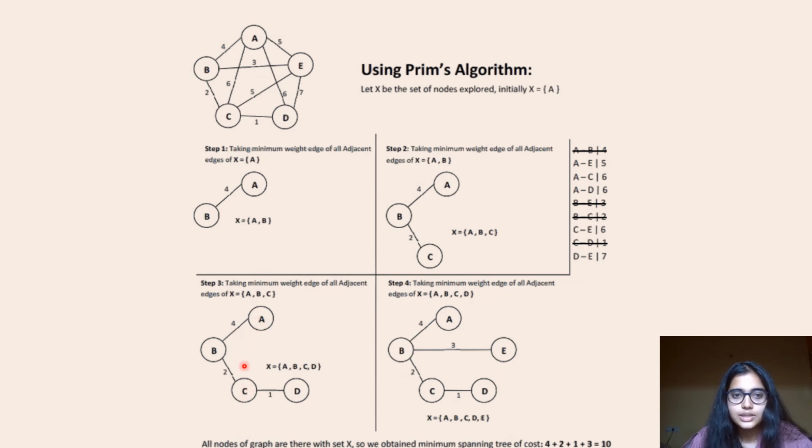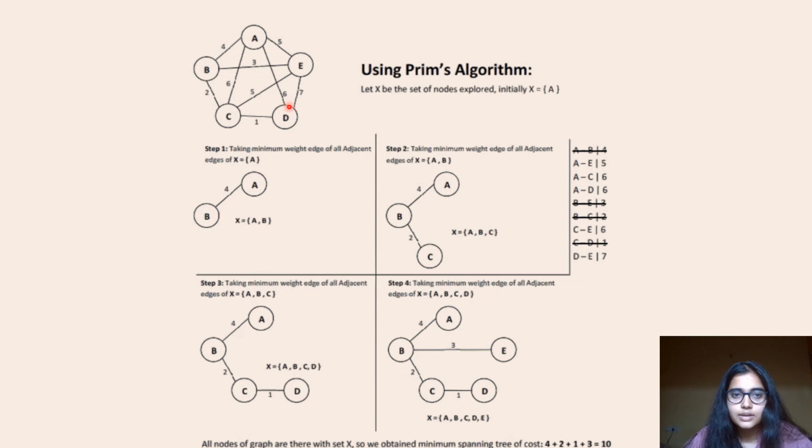So I will not consider that. Instead, I'll consider C to D. So C to D has 1. And now coming to the node D, and now I'll check the least minimum weight. Now D to E is 7 and D to A is 6.